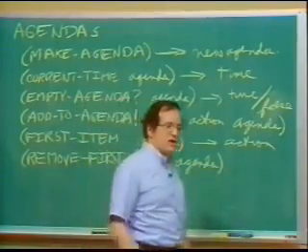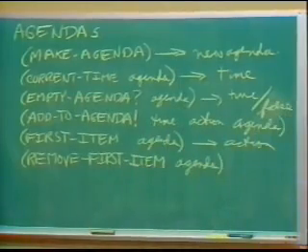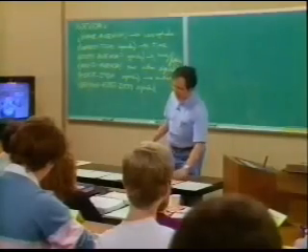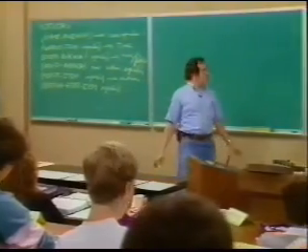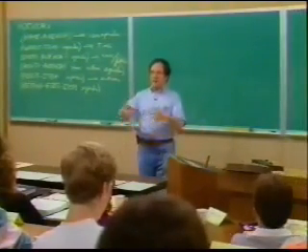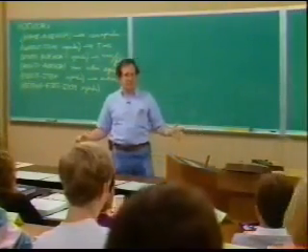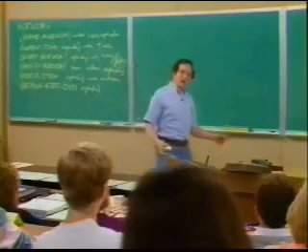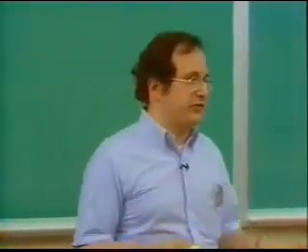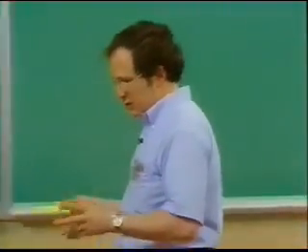Well, let's see how we can organize this thing as a data structure a bit. An agenda is going to be some kind of list, and it's going to be a list that I'm going to have to be able to modify. So we're going to have to talk about modifying of lists, because I'm going to add things to it, and delete things from it.